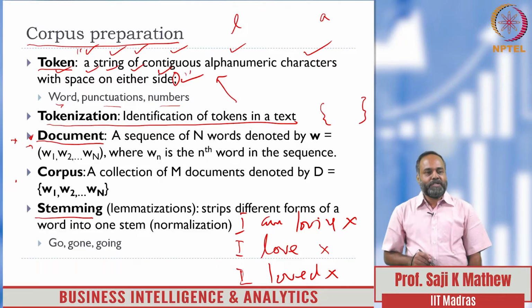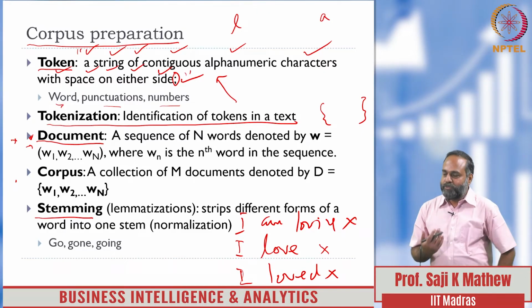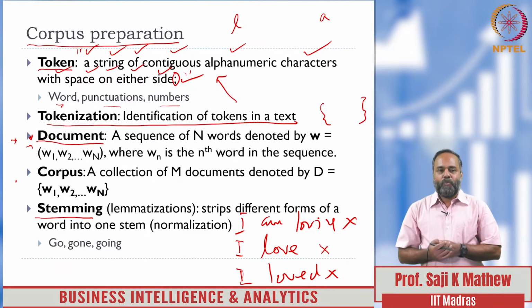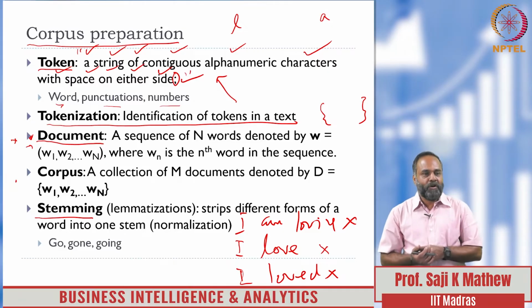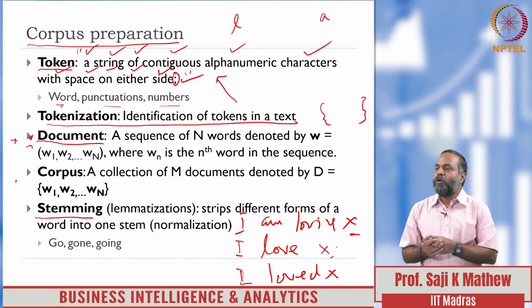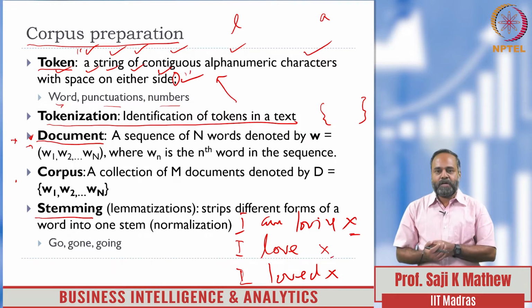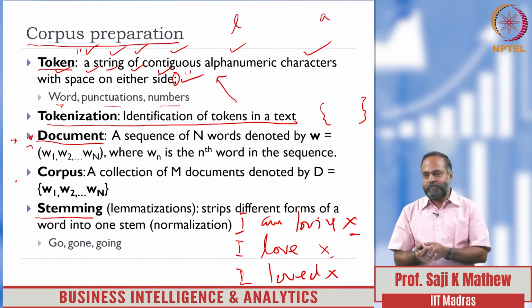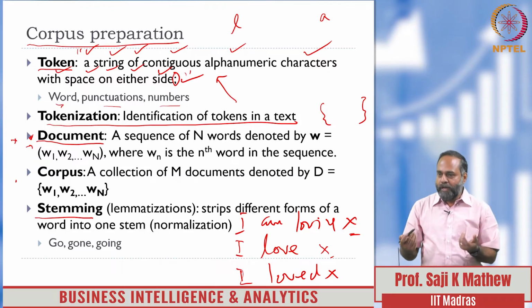Suppose someone's interest is to count the sentiment of individuals for a particular product or a person, a movie or a star, or for your boyfriend or girlfriend, whatever you want to analyze.